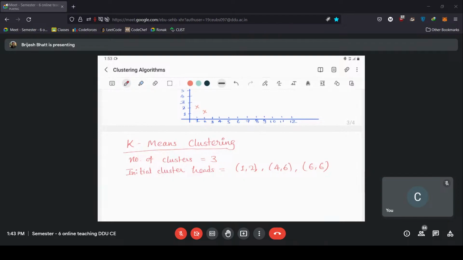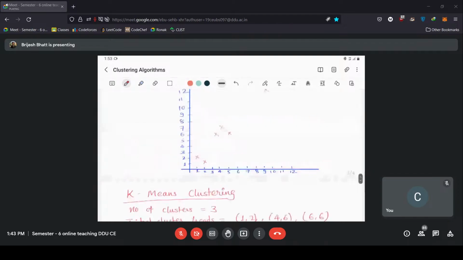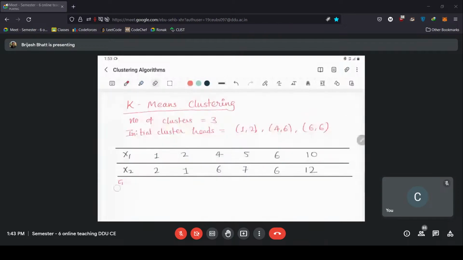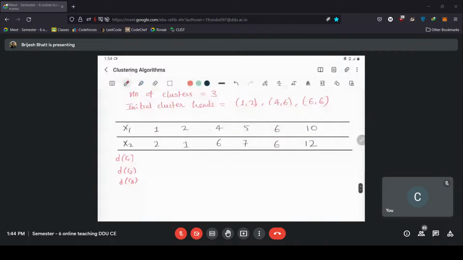How would we know the equation? Let's try it like this. How do we do it? We calculate the distance of data points from each cluster head, and then assign the cluster.